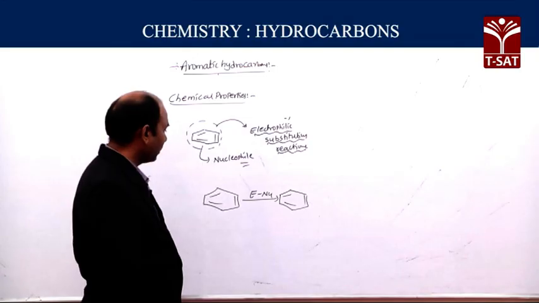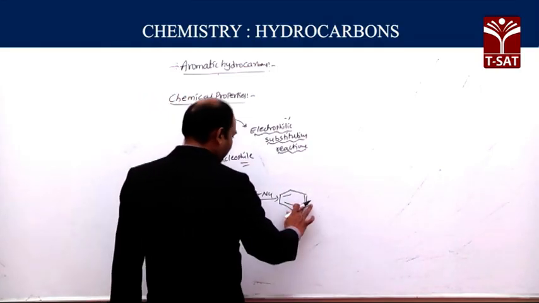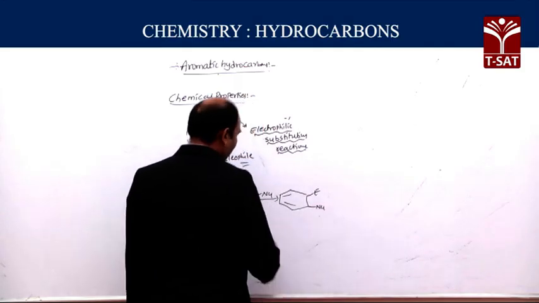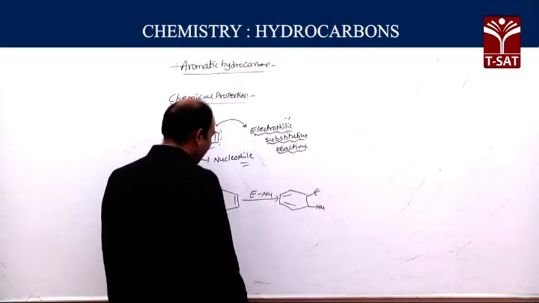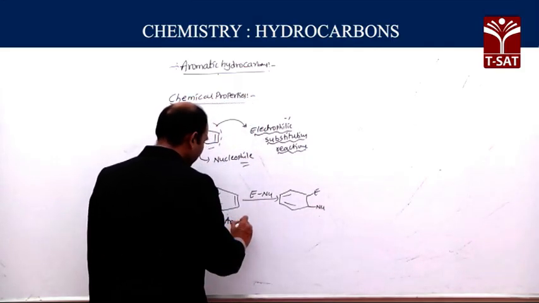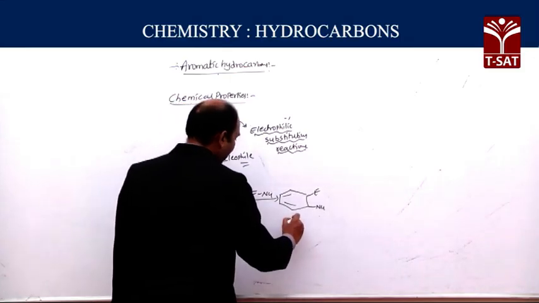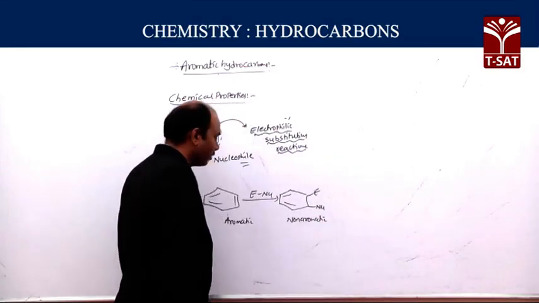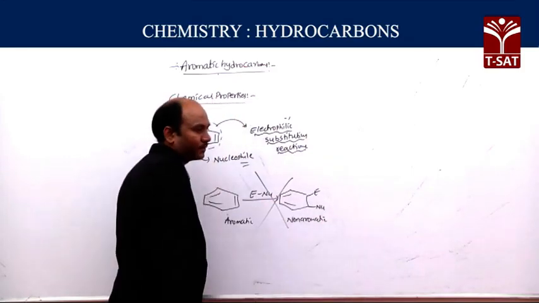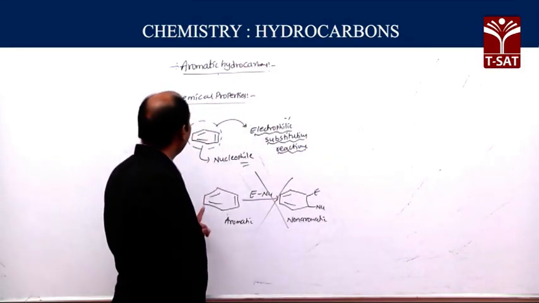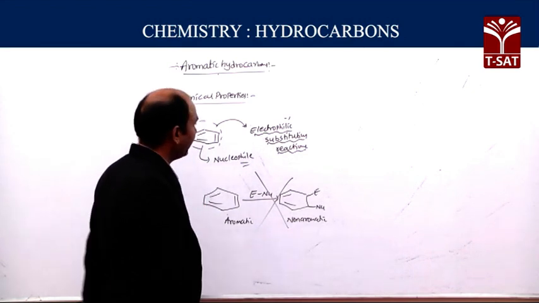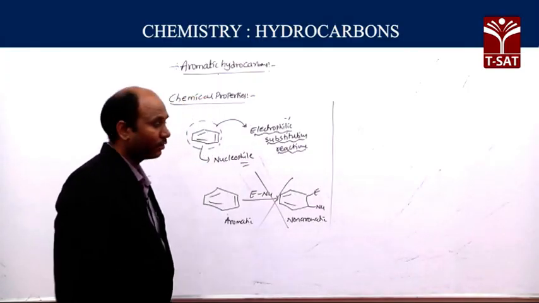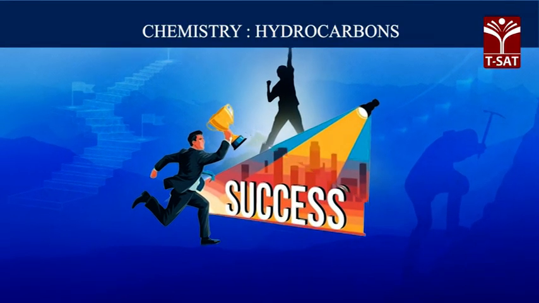Suppose it undergoes an addition reaction, it loses its aromaticity. This is an aromatic compound and this is a non-aromatic compound. Therefore, under normal conditions, they do not undergo addition reactions. To retain their aromatic character, aromatic compounds undergo electrophilic substitution reactions.